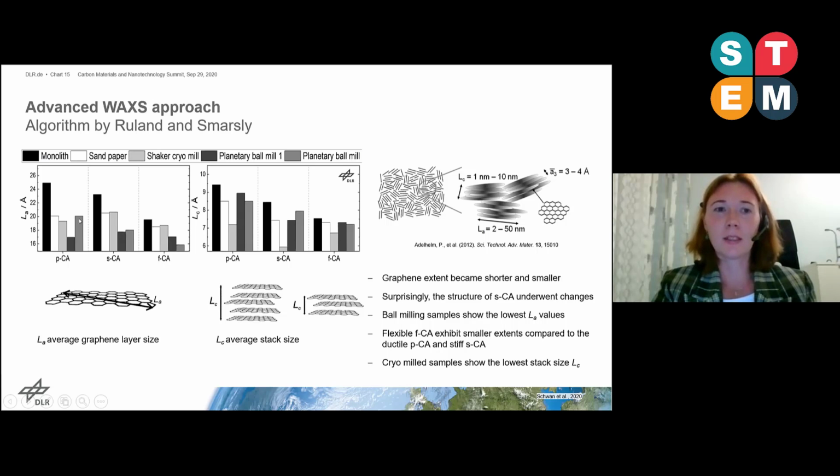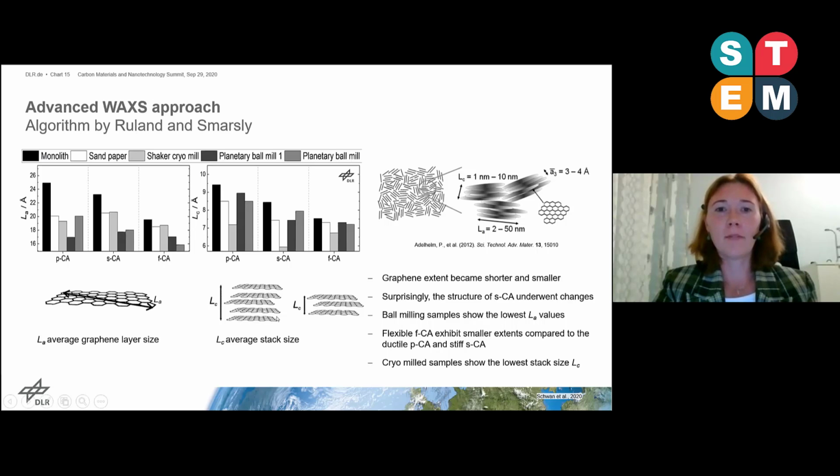So it means the graphene layer sizes, or these graphene islands, decreased in size. As you know, the surface area depends on the particle size, and the smaller the particles, the higher the surface area. So if we decrease the size of the graphene layer, in that case, we increase the surface area. And that explains the previous results I have shown.